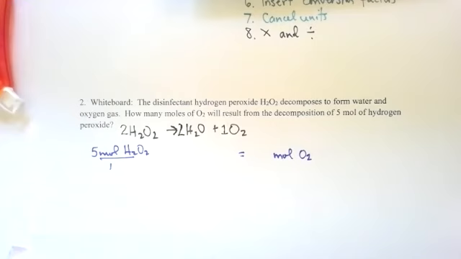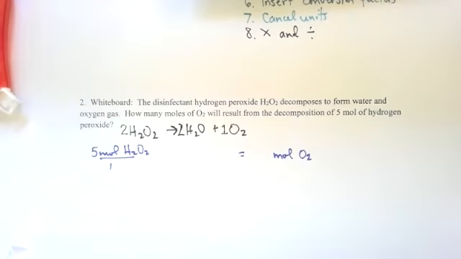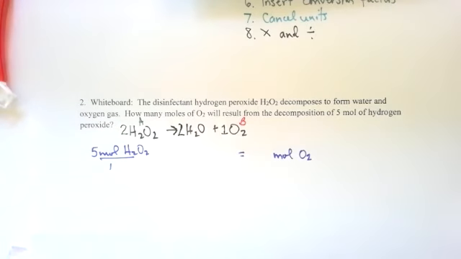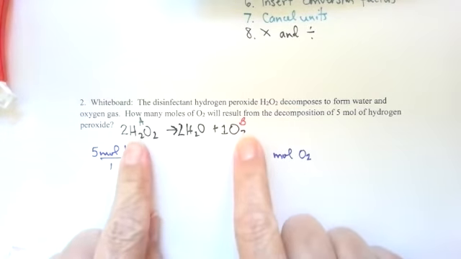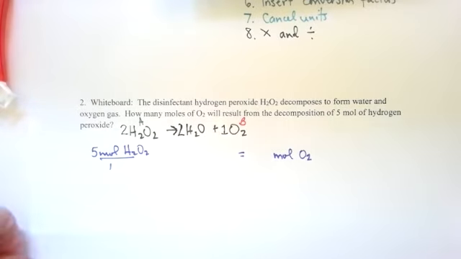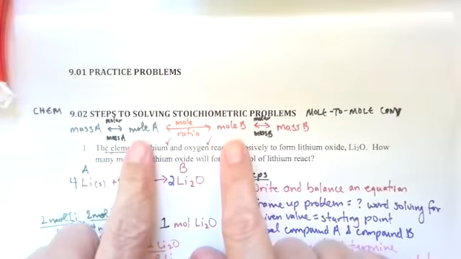Now I want to label my compounds A and B. So in green is H2O2. And in red, I'm going to put a letter B for moles of O2. So I'm going from moles of this to moles of this. When I look on my diagram, I'm going from moles to moles.